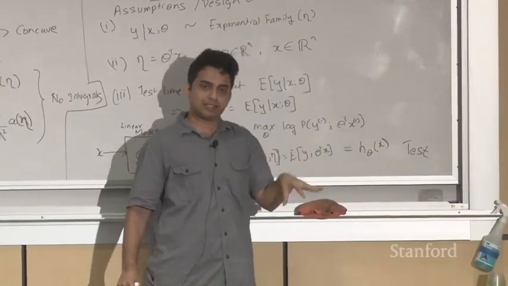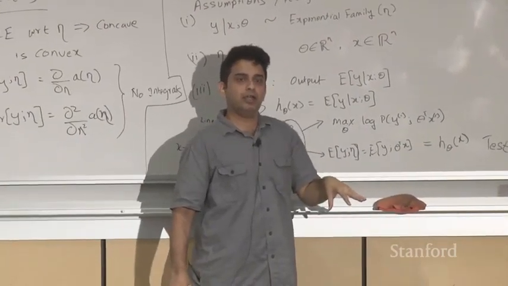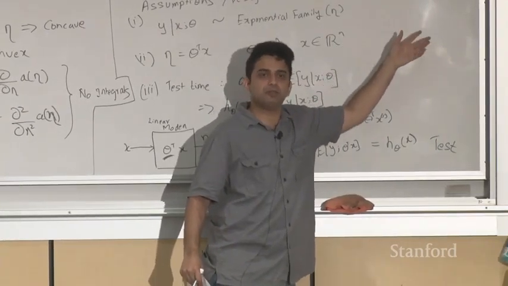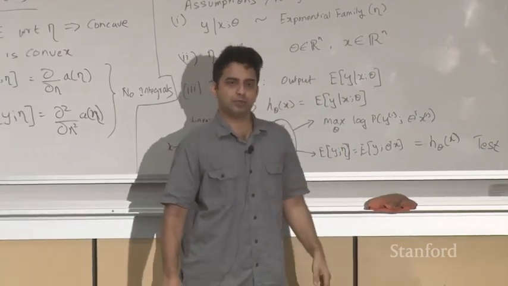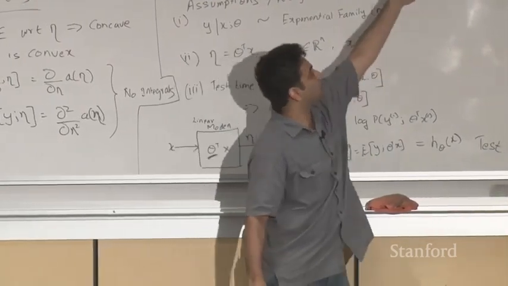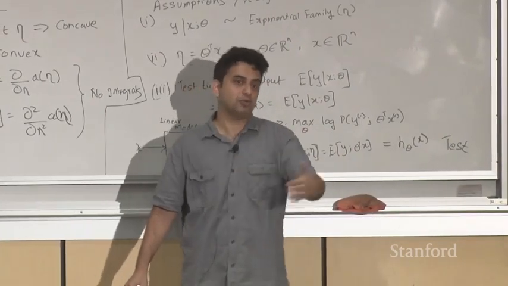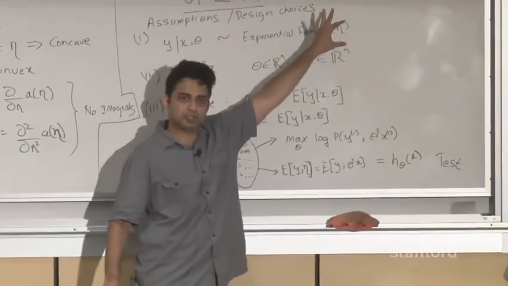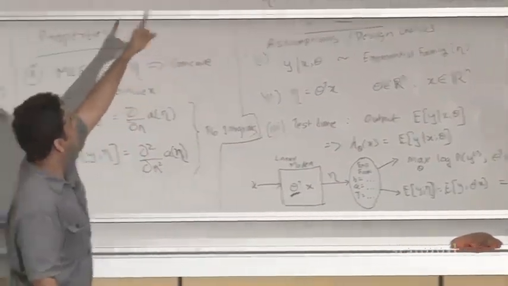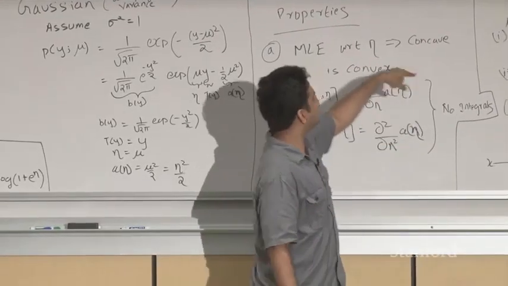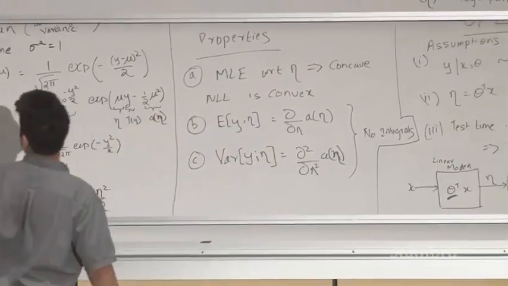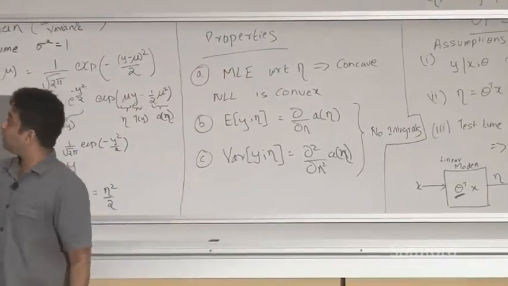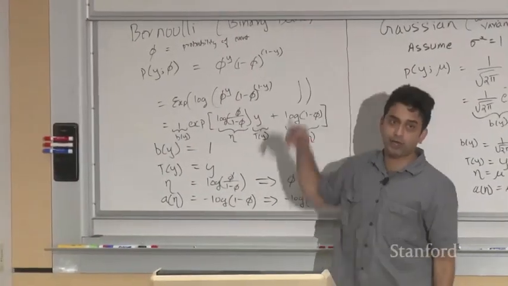So the task, in a way, influences you to pick the distribution, and most of the time that choice is pretty obvious. If you want to model the number of visitors to a website, which is a count, you want to use a Poisson distribution, because Poisson is a distribution over integers. So the task pretty much tells you what distribution you want to choose, and then you go through this machinery of figuring out what h theta of x is, and you plug in h theta of x over there, and you have your learning rule.